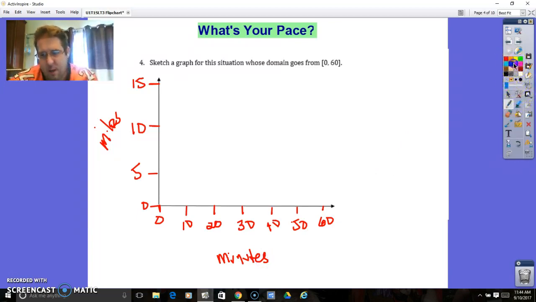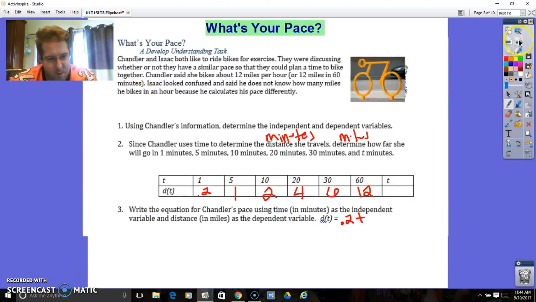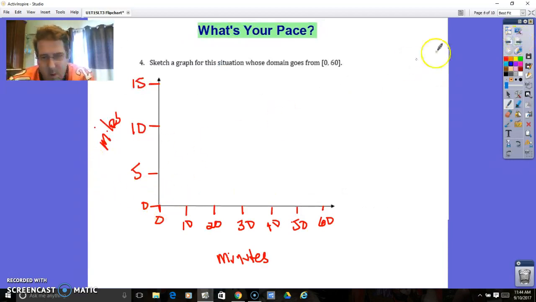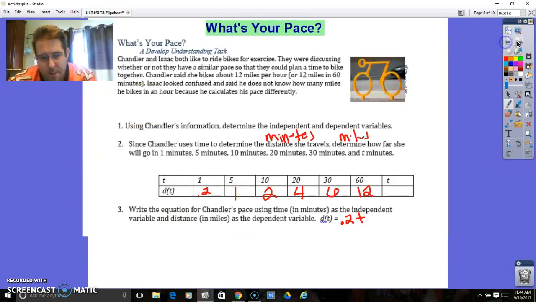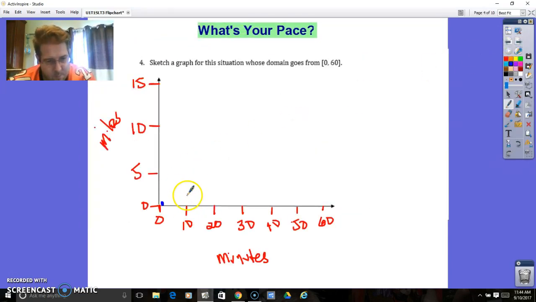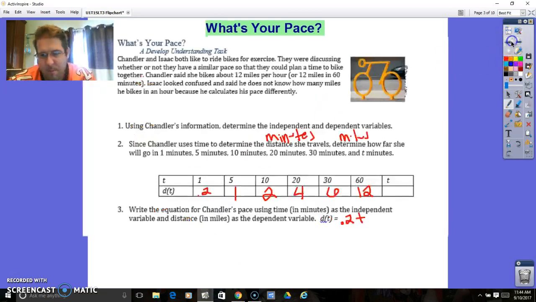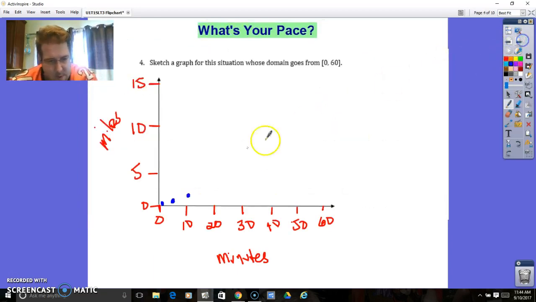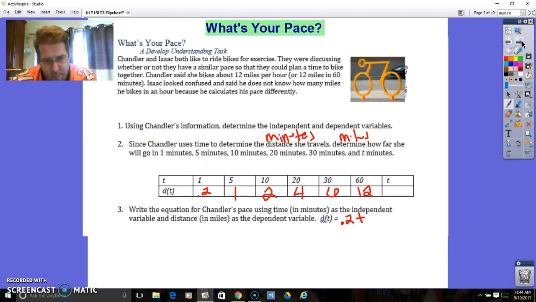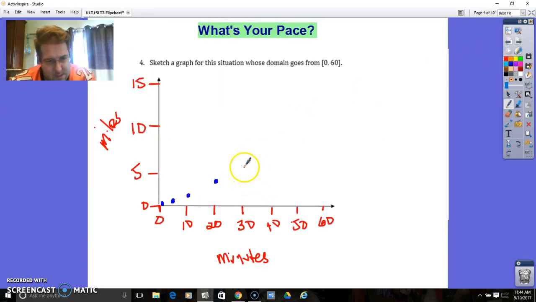Alright, change the color so I can go back and graph. After 1 minute, 0.2. So that's going to be really, really low. And then 5 minutes was 1, 10 minutes was 2. 20 minutes was 4. 30 minutes was 6.